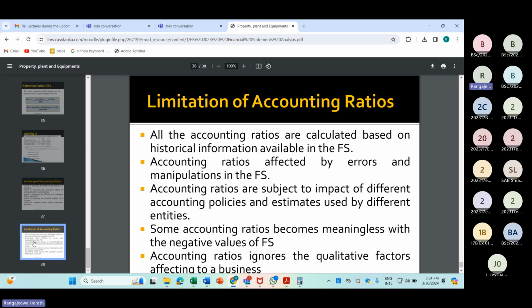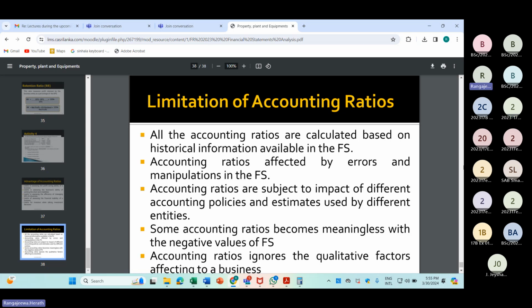So some of the assumptions we use are not accurate. And finally, accounting ratios ignore qualitative factors. It's basically quantitative, right?